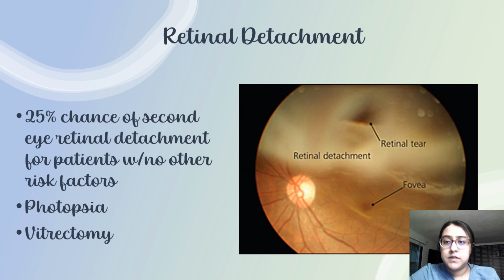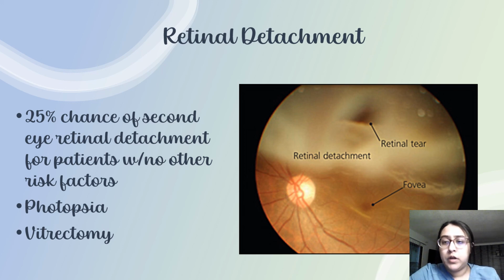Interprofessional care consists of monitoring the retinal break for a detachment, and if there is a detachment, it can be repaired through laser photocoagulation, which creates an inflammatory reaction, or through cryotherapy, which freezes the retinal break. Scleral buckling can also be used, and this is a method where a band is placed around the globe and it moves the choroid and the sclera towards the retina.